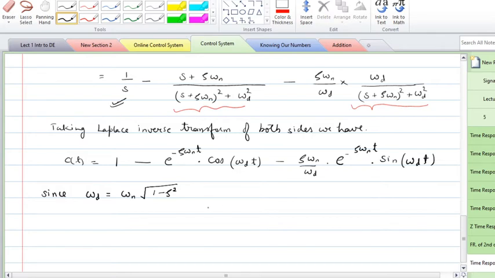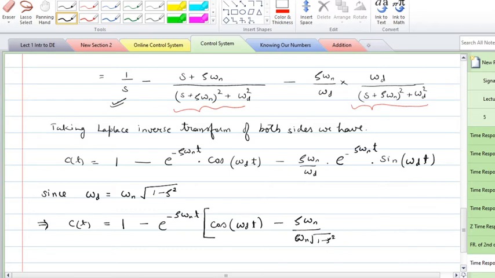Okay, so rewriting the above equation, that is C of t is equal to 1 minus e raised to power minus zeta omega n t, cos of omega d t minus zeta omega n divided by omega n into under root 1 minus zeta square into sine of omega d t.